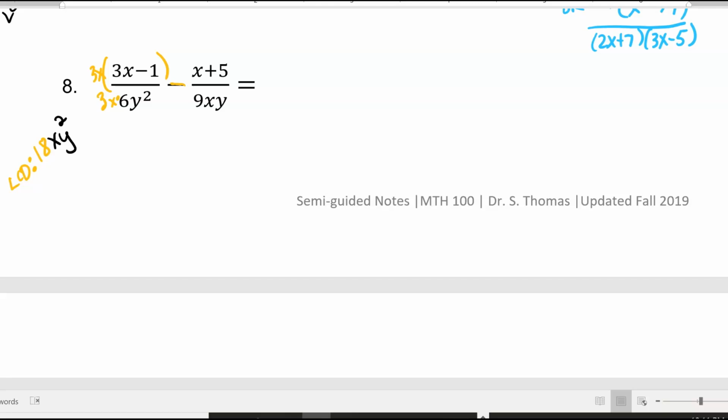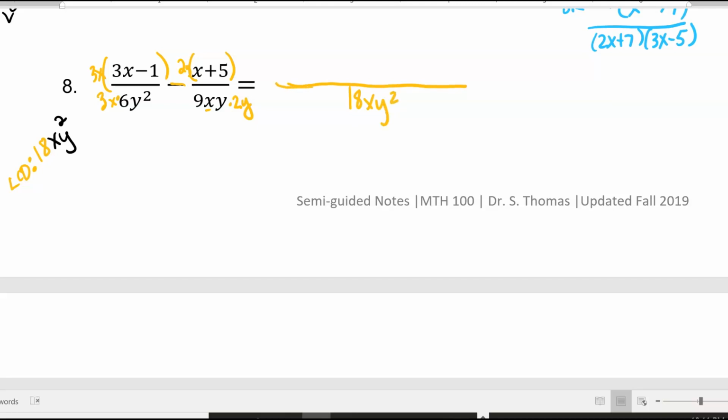And on the right side, we need to multiply by a 2, because 9 times 2 is 18. We already have the x, so we don't need to worry about that. But we do need another y here. So I'm going to put it in the front here because we can distribute that. So our denominator is 18xy squared.